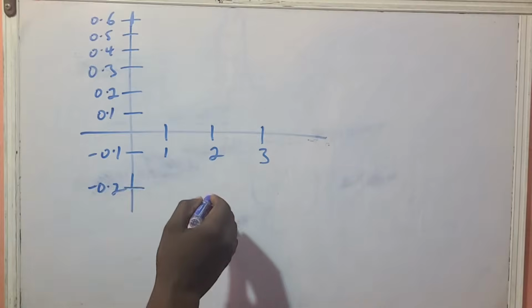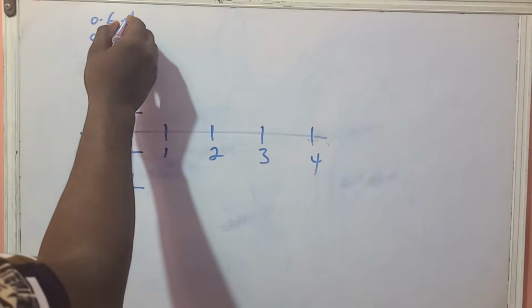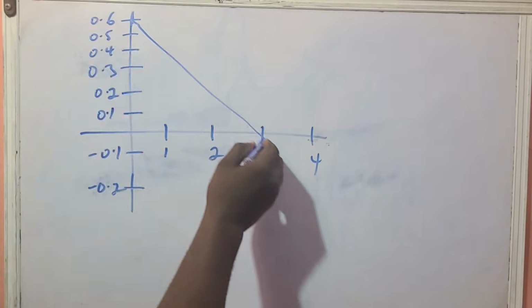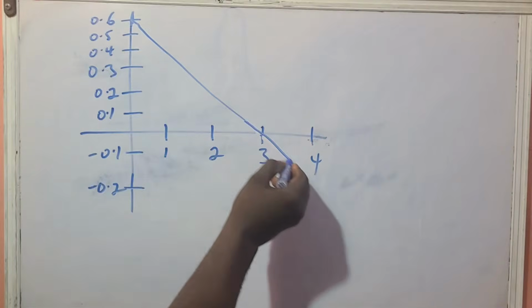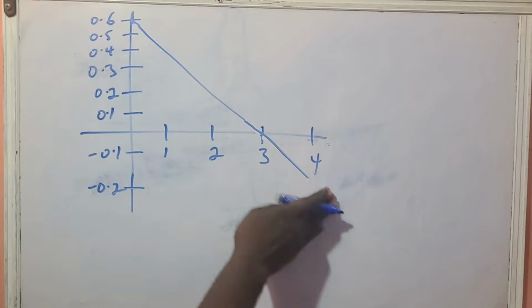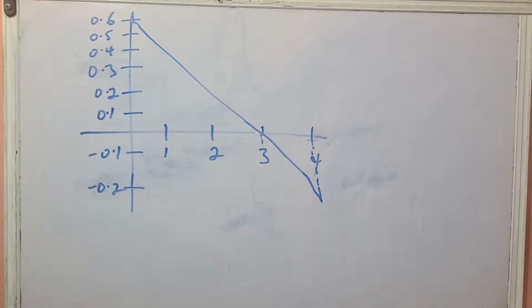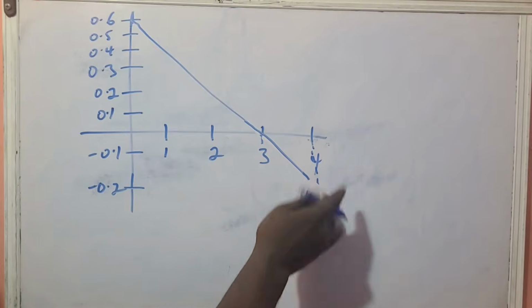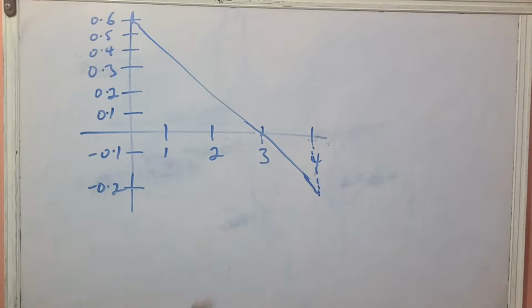Okay, so we have 4 here. This actually went through 3 and stopped here. So this is actually stopping at this point.